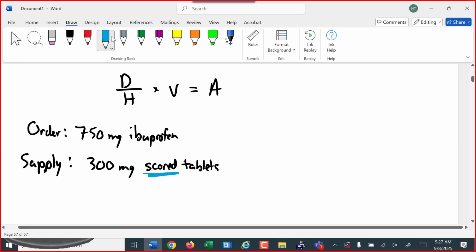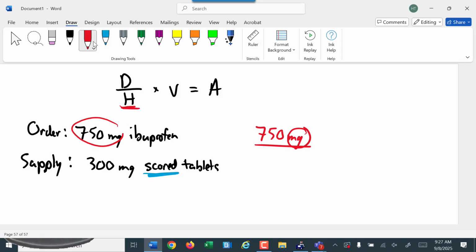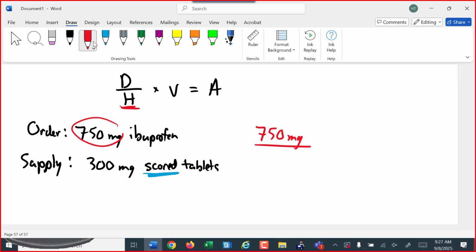So anyway, the doctor's order is the 750 milligrams. Remember, we mentioned whatever is the on-hand dose has to have the same unit as the doctor's order. So it has to be milligrams. In our supply, we have 300 milligram, so that's our on-hand dose, and scored tablets. So the vehicle that carries the 300 milligrams into the patient is one tablet.